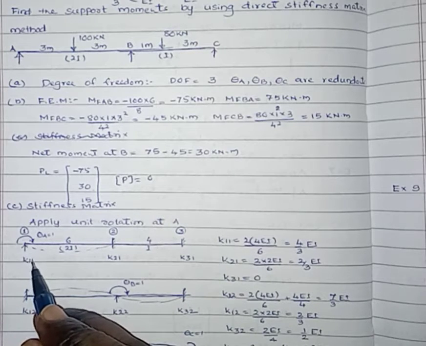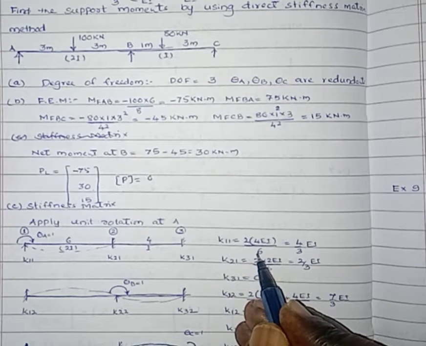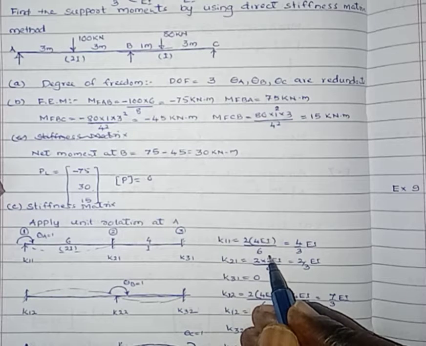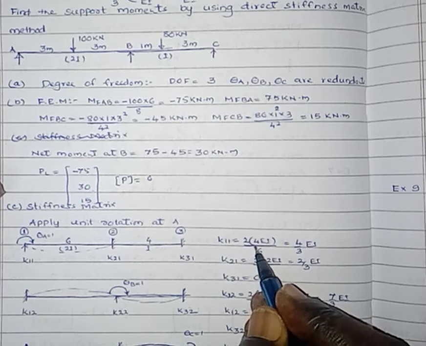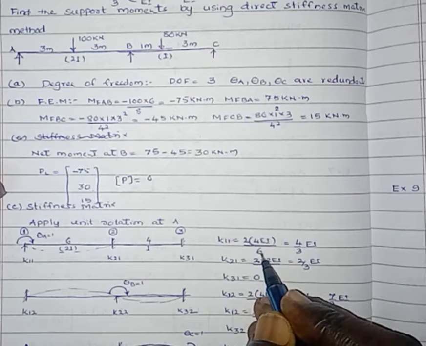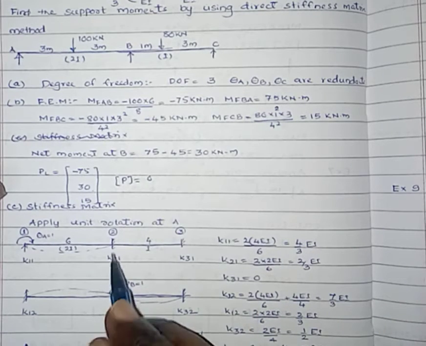This is the near end, this is the far end. For the near end, it is 4EI by L. By substituting the values, the moment of inertia is 2 times, hence 2 into 4EI divided by 6. By simplification, that is 4 by 3 EI.